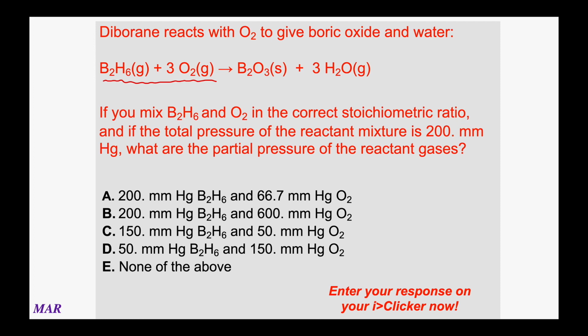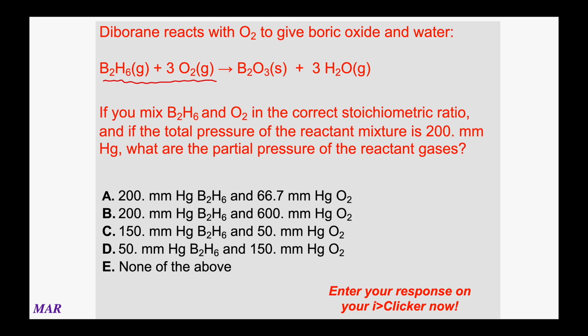So if it's 1 to 3, you can think about there as being like 4 equivalents of gases, all right? And of the 4, 1/4 will be B2H6 and 3/4 will be O2. Now, 200 millimeters of mercury divided by 4 is 50 millimeters of mercury. And that literally is the pressure of 1 equivalent of gas.